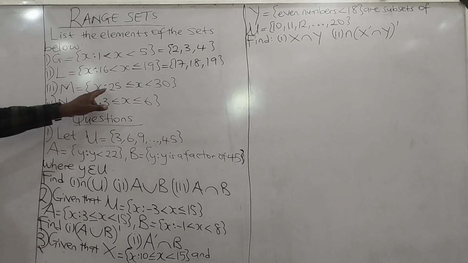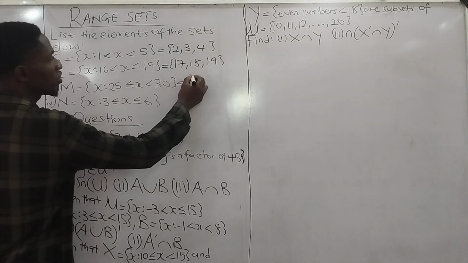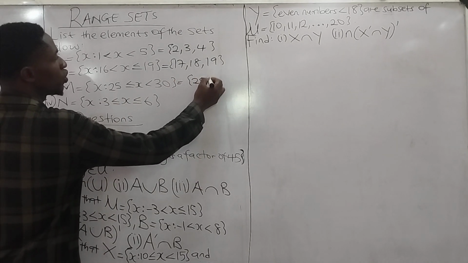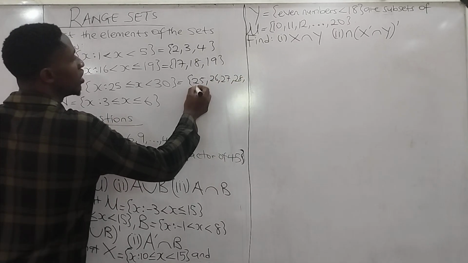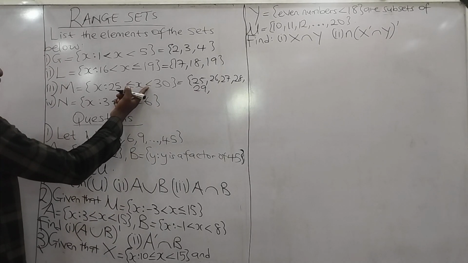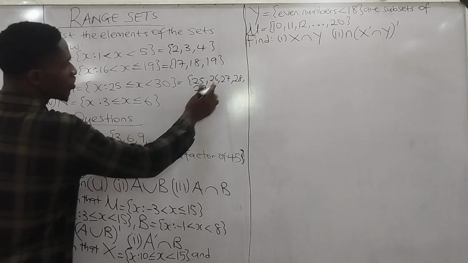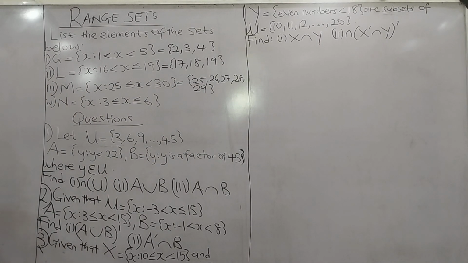Then I have x such that 25 less than or equal to x. So I'll start with 25, 26, 27, 28, 29. I'll stop at 29 because there's no equal to there. So the elements there are 25, 26, 27, 28, and 29.